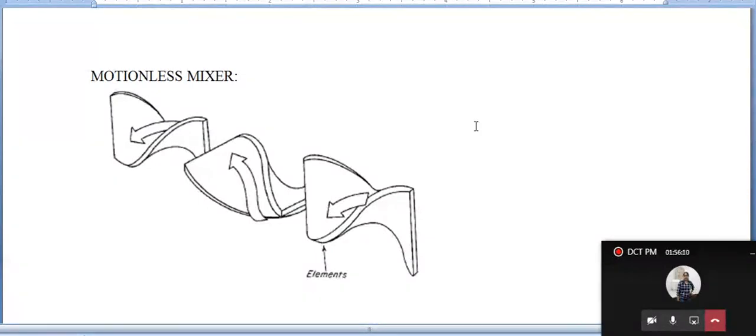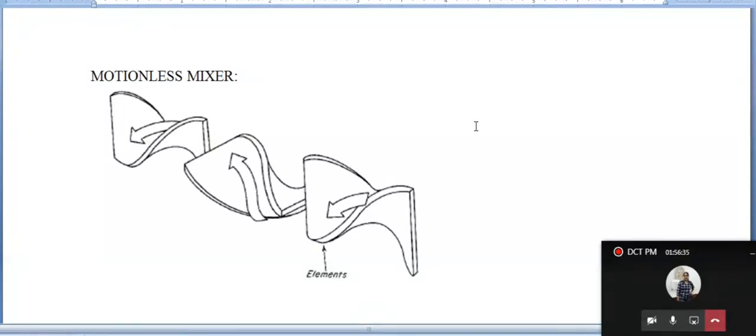Now what you do is, fix the right hand side firmly and turn your left hand side by 90 degrees. Whatever shape is obtained, that is this element.